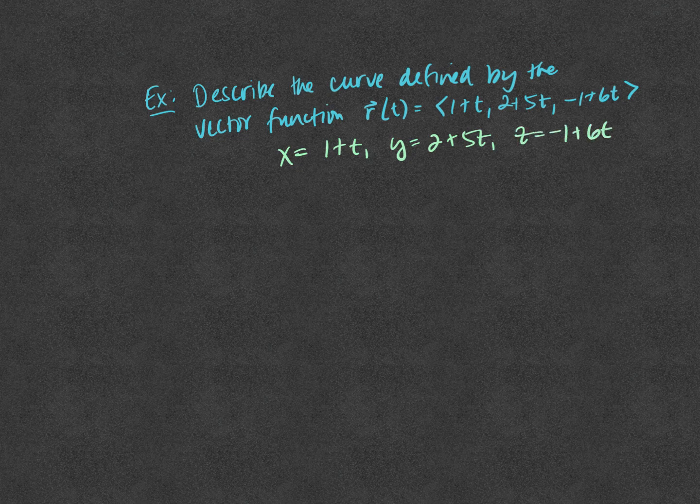So based upon what we learned in chapter 12, we know then that we have a point and a vector. So our point would be the values 1, 2, negative 1. And the vector, let's call it A, is 1, 5, and 6.